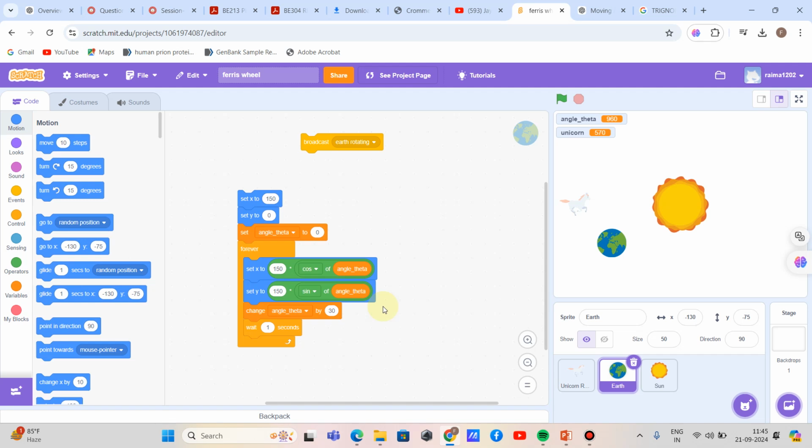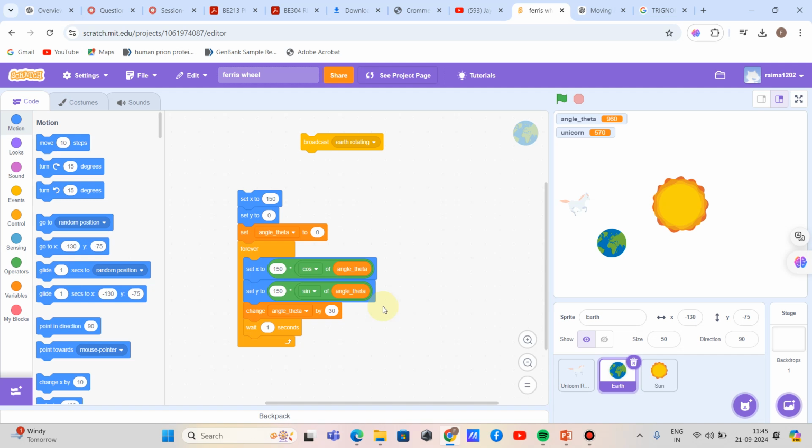Here angle theta, the usual notation I have used, starts from 0 degrees, and in the same way, r cos theta, r sin theta movement. But here the radius of the circle is 150 for Earth. I'm going to change by the same intervals of 30 degrees and wait for us to see the motion.